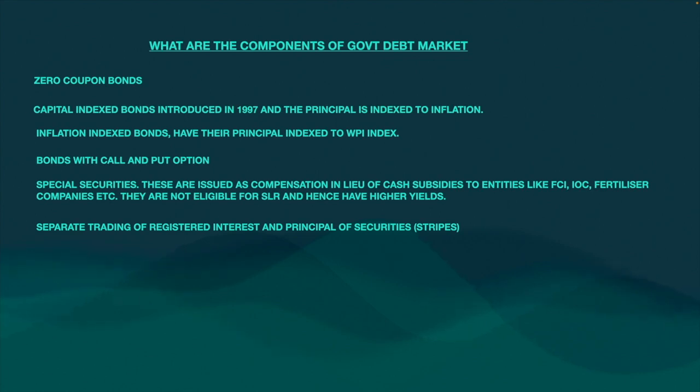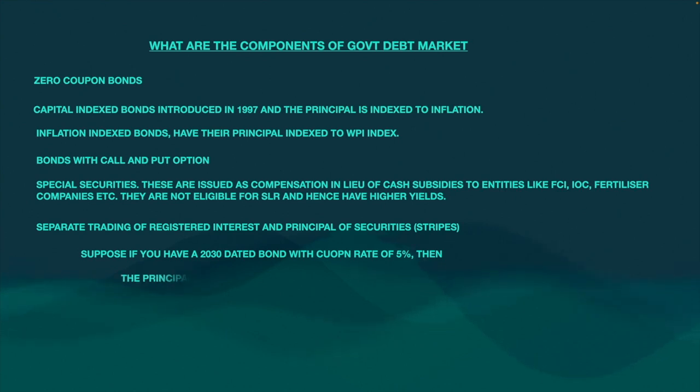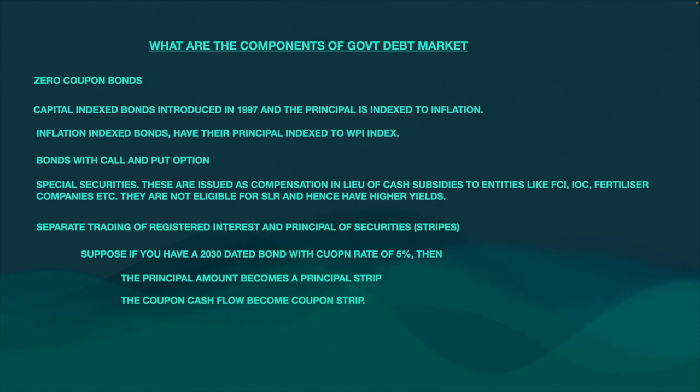That is known as STRIPS. See, suppose you have a 2030 dated bond with coupon rate of 5%, then the principal amount becomes a principal strip. That is, the principal amount will be traded separately in the market. Then the coupon cash flow becomes a coupon strip. That is, the coupon cash flow which you are going to receive will be traded separately in the market.